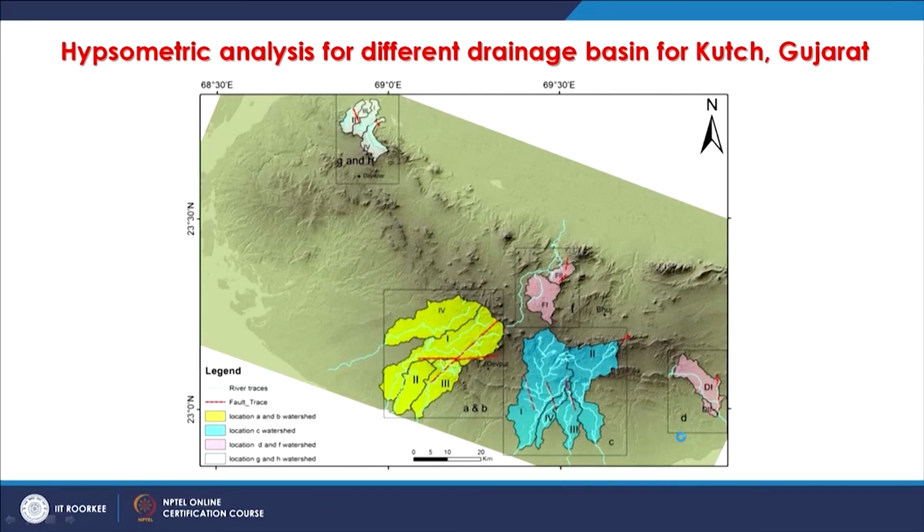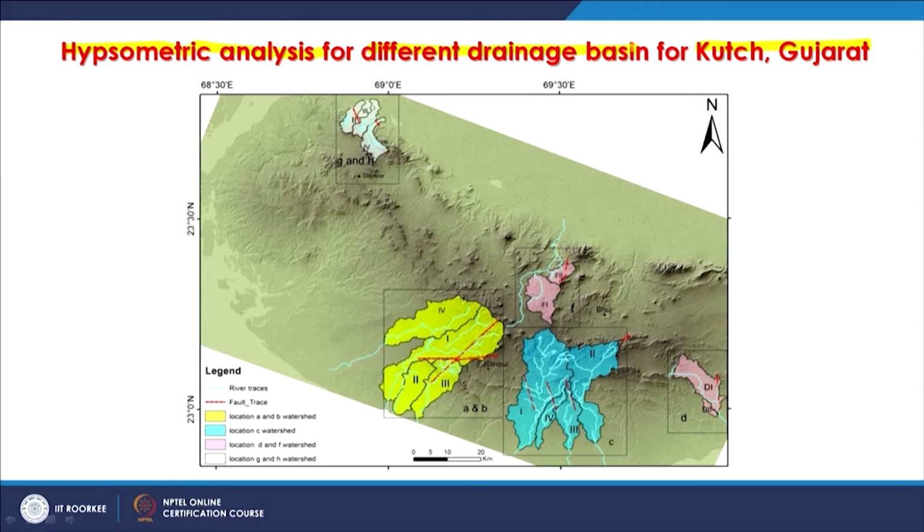So, a lot of interpretations can be done if we go for a global scale, and we can also do this analysis for a local scale, like this example for the Kutch region of Gujarat, which is a tectonically very active region, with hypsometric analysis for different drainage basins. It is always good to perform such analysis based on hydrological boundaries, because this is how the water flows and erosion and other things take place.